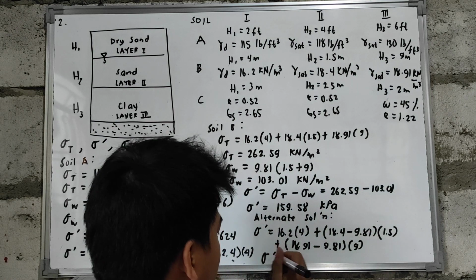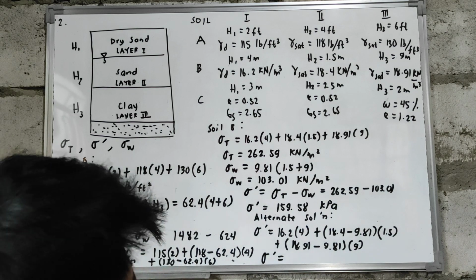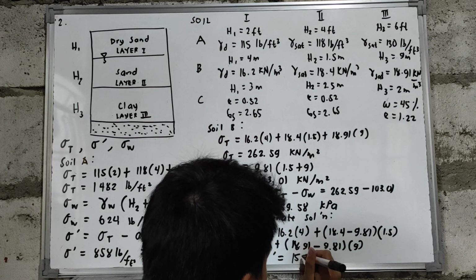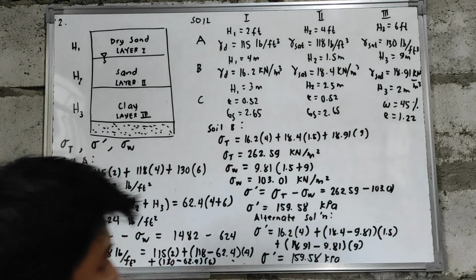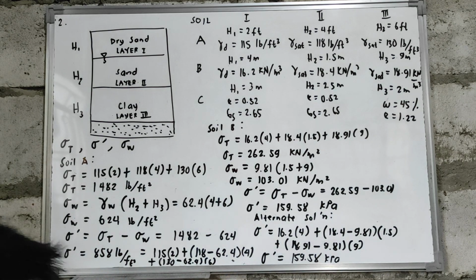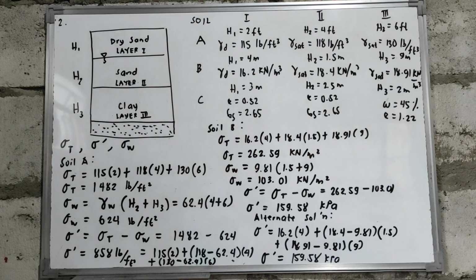So, yung value ng effective stress natin is equal to 159.58 kilopascal. So, ganun lang kasimple yung pagkuha ng mga total stress, effective stress, at saka yung pore water pressure natin.